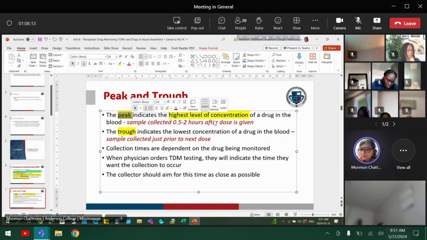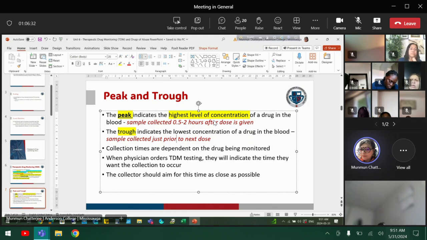And trough indicates the lowest concentration. That is blood collected just prior to the next dose. Say for example, you have to take one medication now and again after 4 hours or 6 hours.